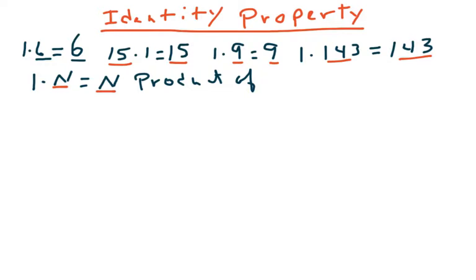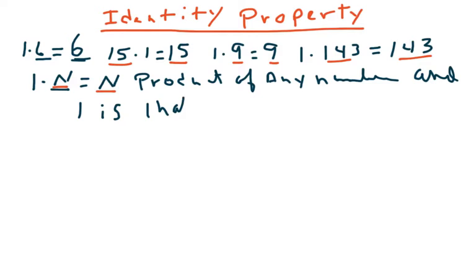of 1, the product of any number and 1 is that number. 1 times n is n.